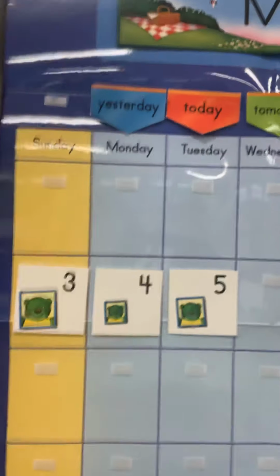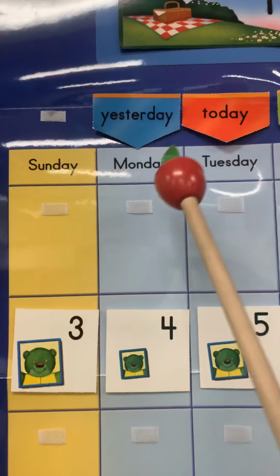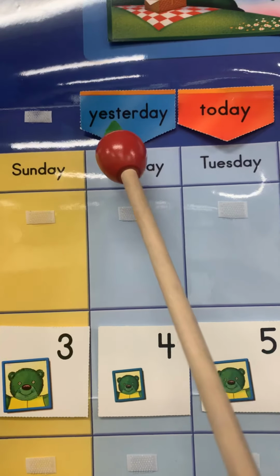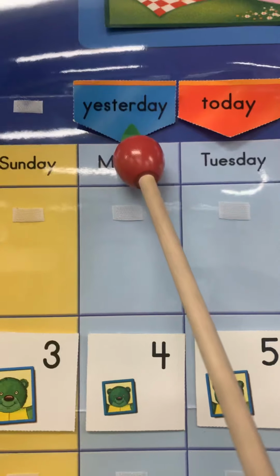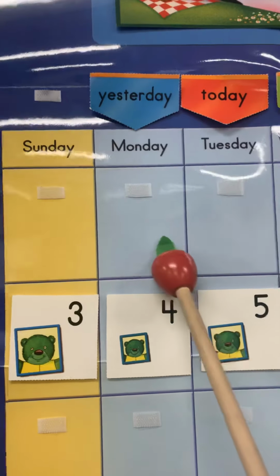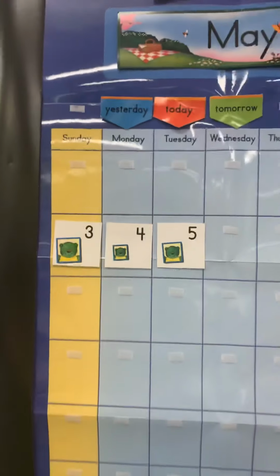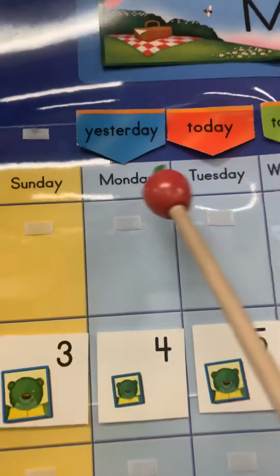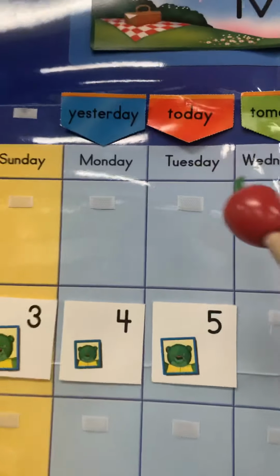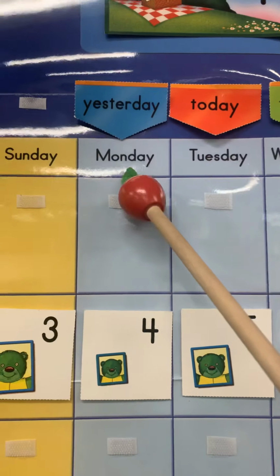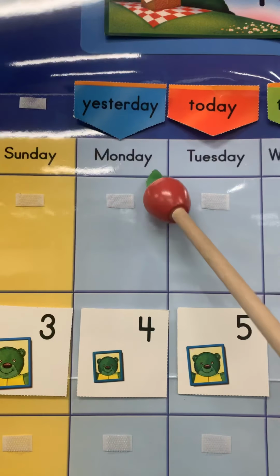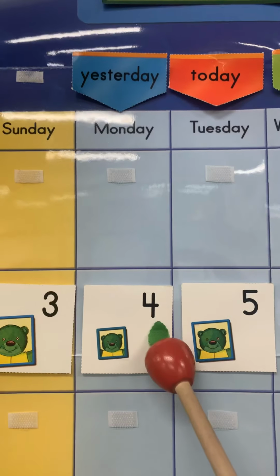So yesterday is an old way of saying yester. Yester is an old way of saying the day before, okay? We don't use yester very much anymore, but we do use it in the word yesterday. So if I wanted to know what yesterday's date was, I can look here and we know it's Monday and the day was the 4th, okay?